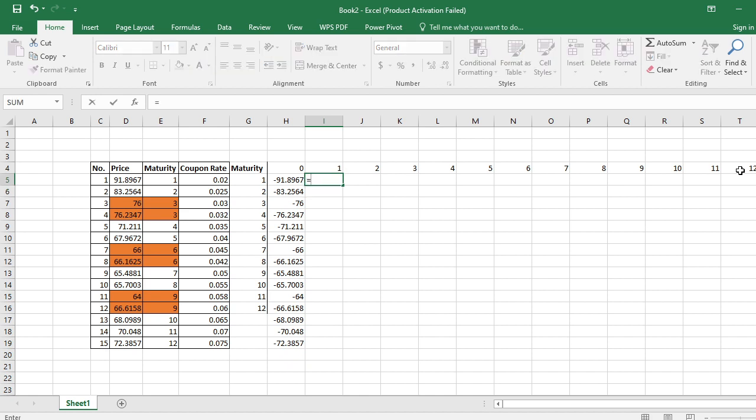Right. So the cash flow matrix would be computed with this logic. If this time is less than its maturity, then obviously the coupon payment would be given.